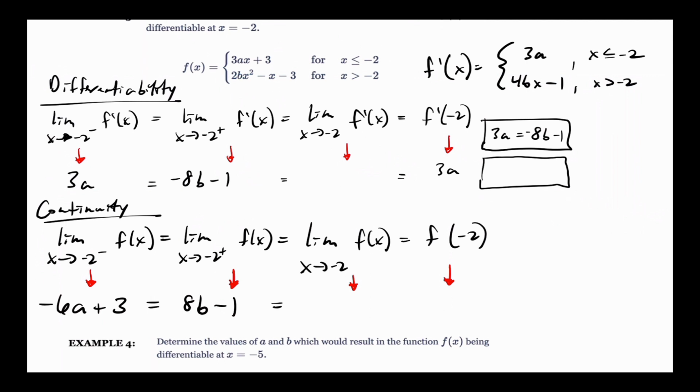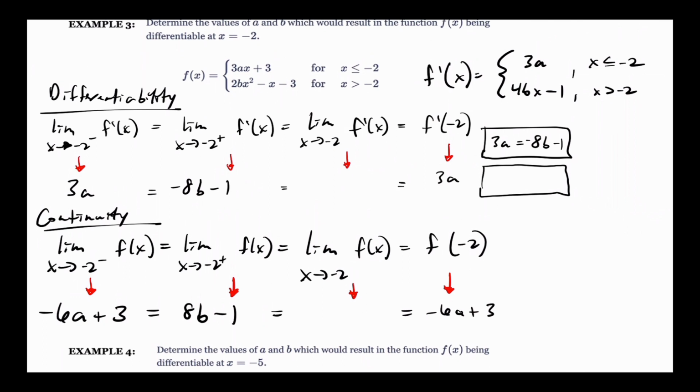That means both of those guys are that. And if I plug in -2, I get -6a plus 3. There's my next equation: -6a plus 3 equals 8b minus 1.